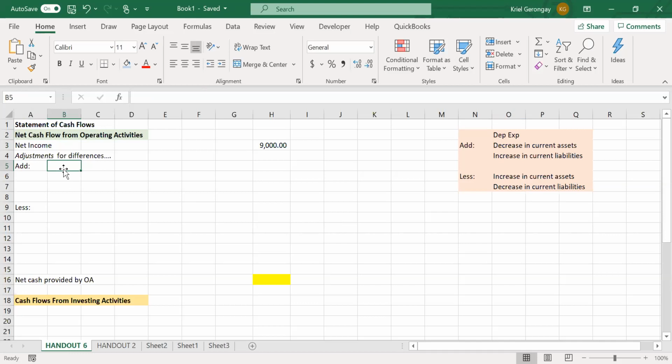As I said earlier, what we're doing here is converting accrual to cash. So we're basically adding back this non-cash transaction. Depreciation expense is going to be 4,000.